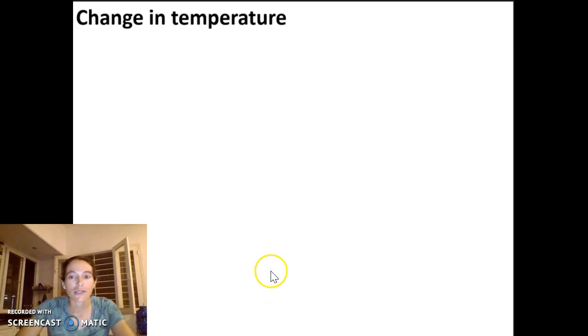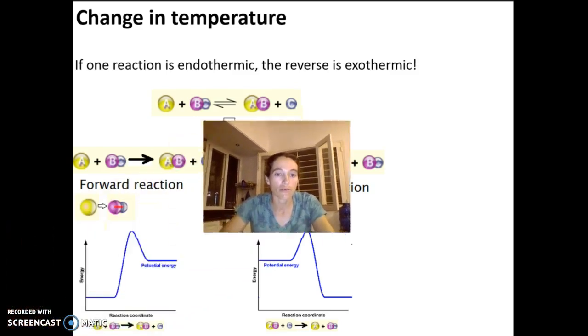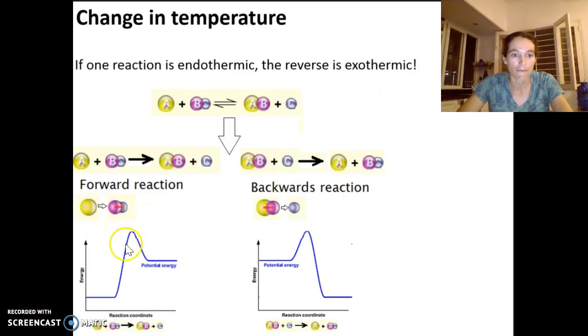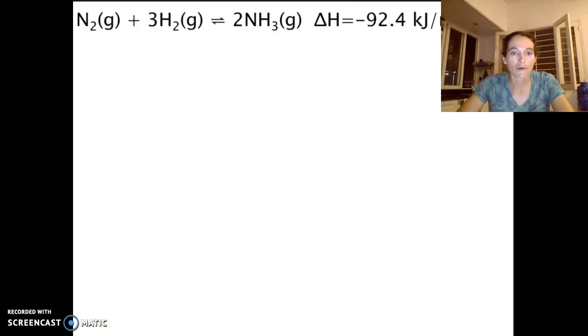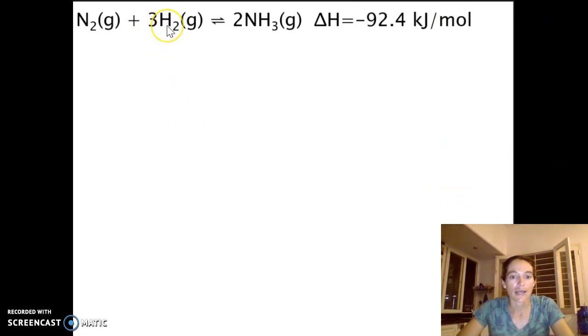The next one is a change in temperature, which also will change the ratio. So remember, if one reaction is endothermic, the reverse reaction is exothermic, because one direction is going backwards, the exact opposite. So an example is this reaction where nitrogen gas and hydrogen gas react to form ammonia.